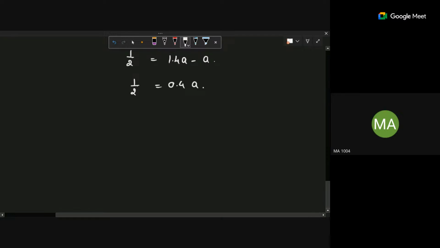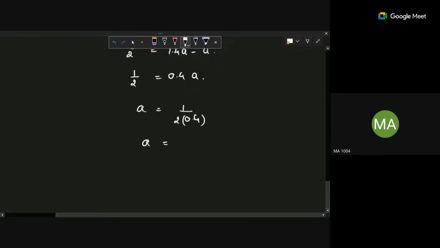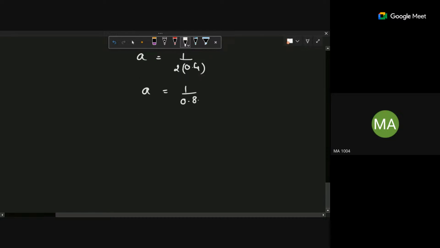So a is equal to 1 by 2 times 0.4, that is nothing but 1 upon 0.8. So once we calculate 1 upon 0.8, what will you get? 1.25.